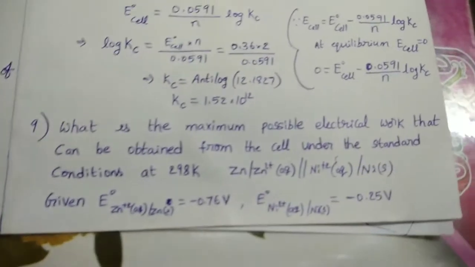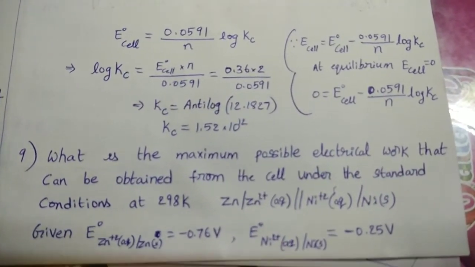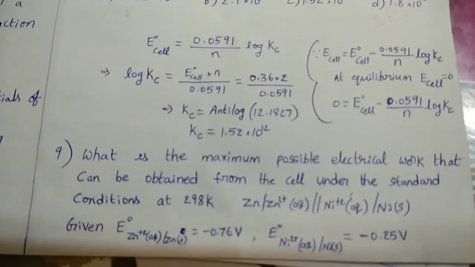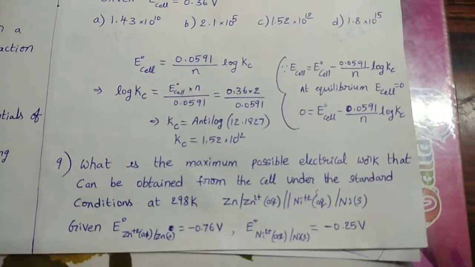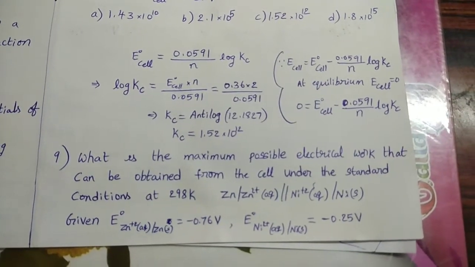Next question. What is the maximum possible electrical work that can be obtained from the cell under the standard conditions at 298 Kelvin?